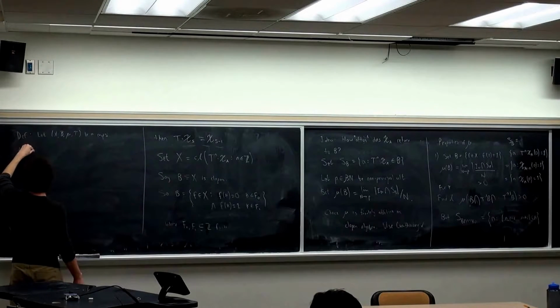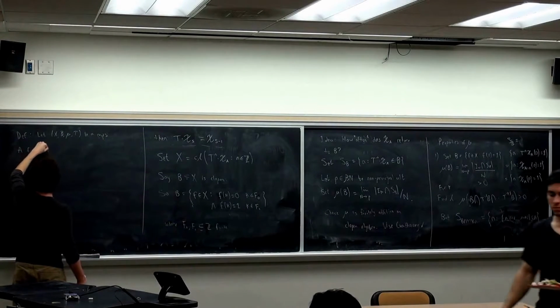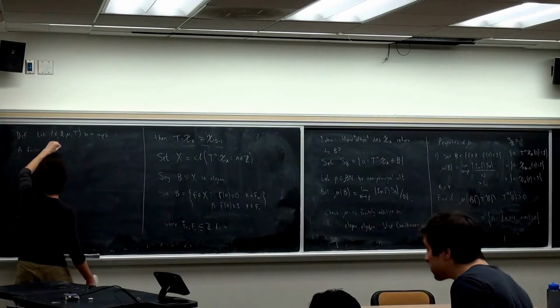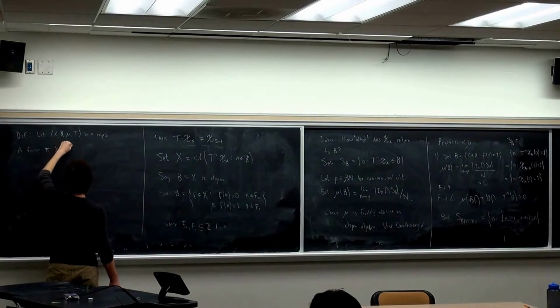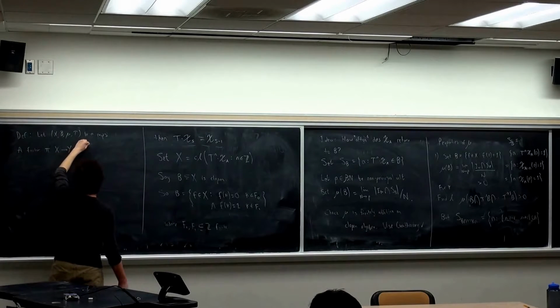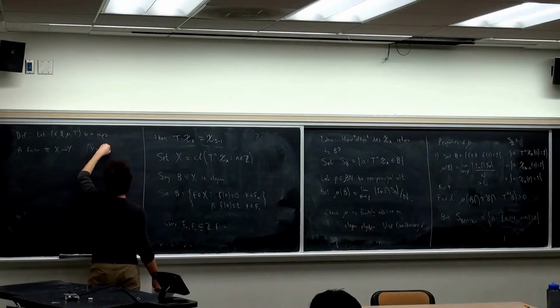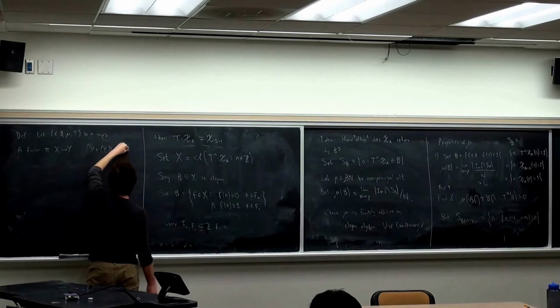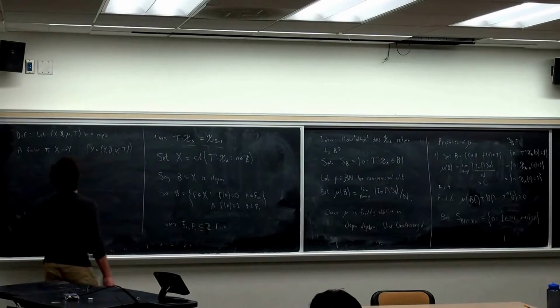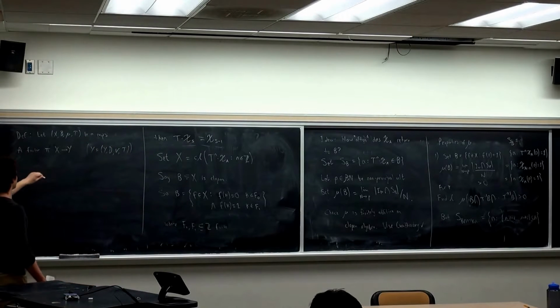A factor pi from X to Y, where Y is some tuple (Y, D, nu) and another transformation T, so Y is another measure preserving system.